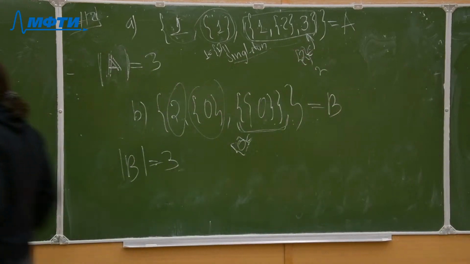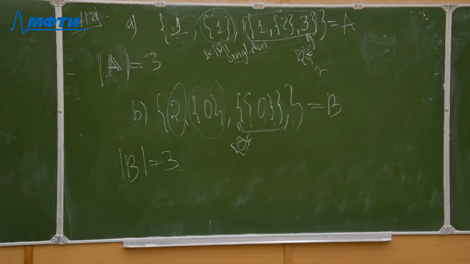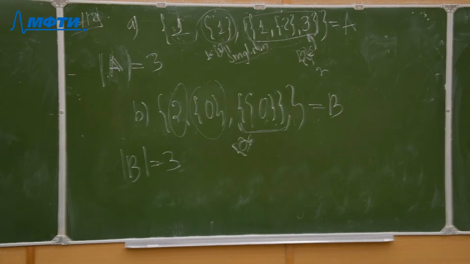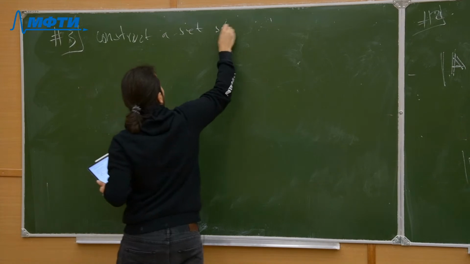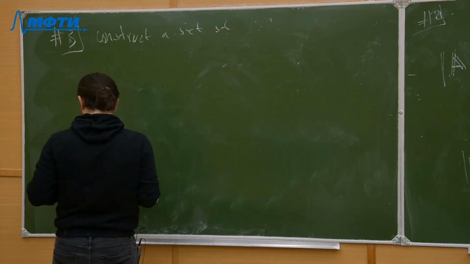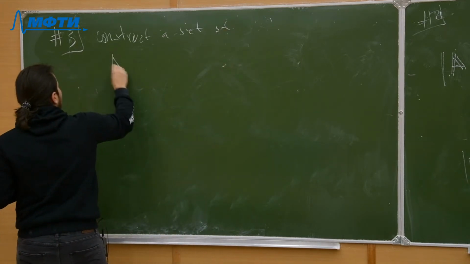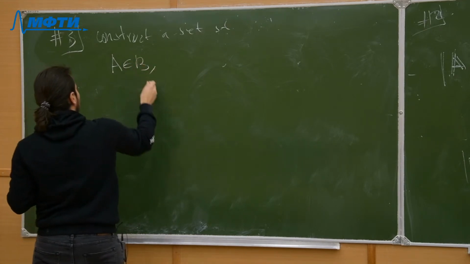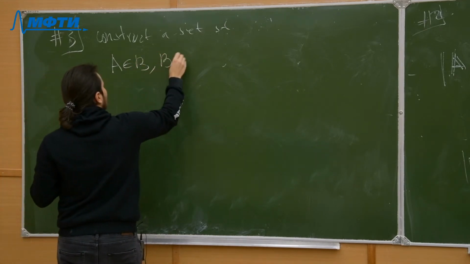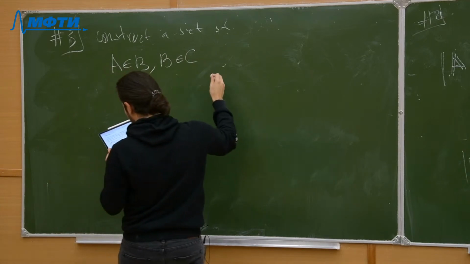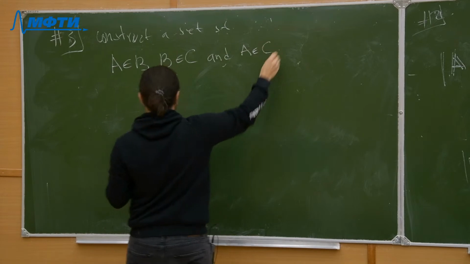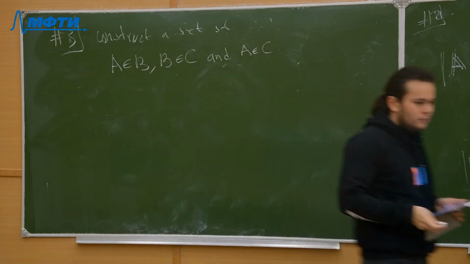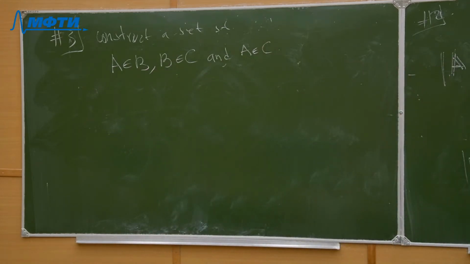Number 3 is: construct a set such that A belongs to B, B belongs to C, and A belongs to C. Who can tell me an example of this set?